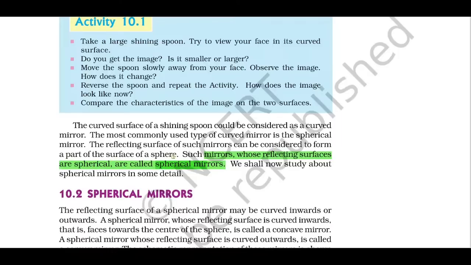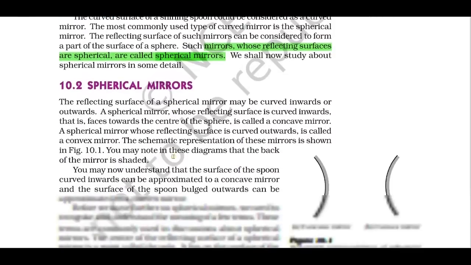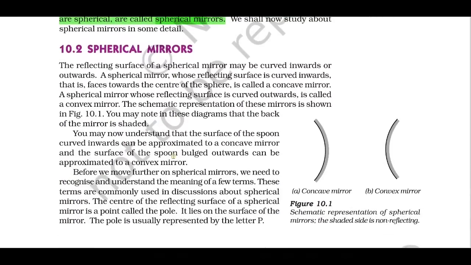The mirrors whose reflecting surfaces are spherical are called spherical mirrors. There are two types of spherical mirrors, concave mirror and convex mirror. A spherical mirror whose reflecting surface is curved inwards is called a concave mirror.